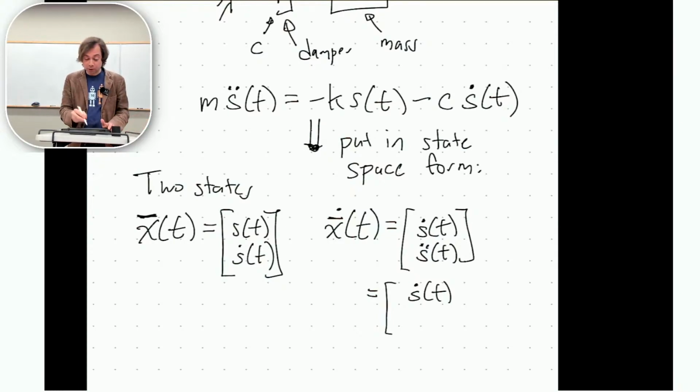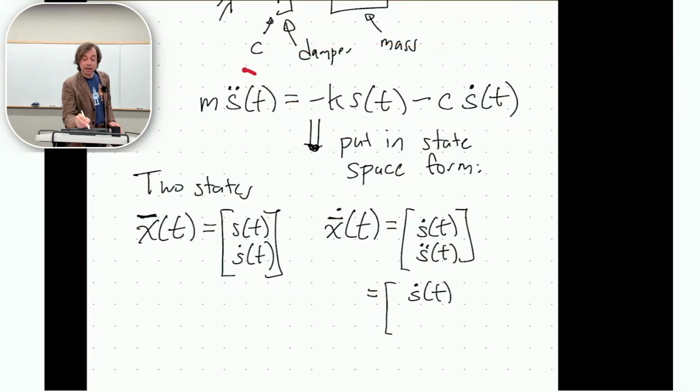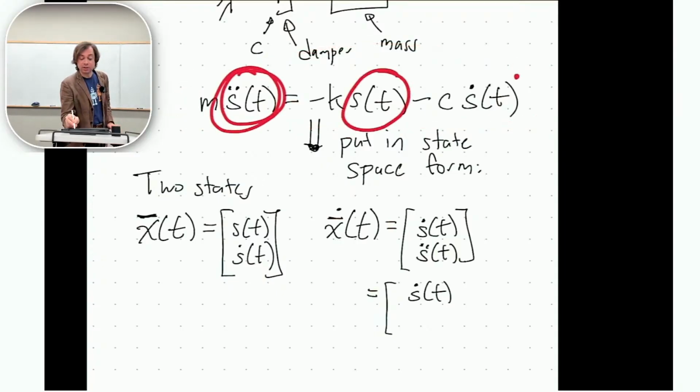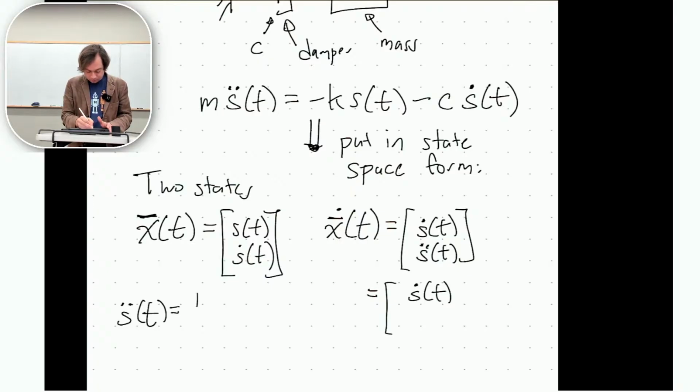However, we do have this beautiful equation up here that tells us what s double dot of t is in terms of our states. Great. I'm just going to write it off to the side here, that s double dot of t is equal to this entire right-hand side divided by m. So it's going to be minus k over m s of t.